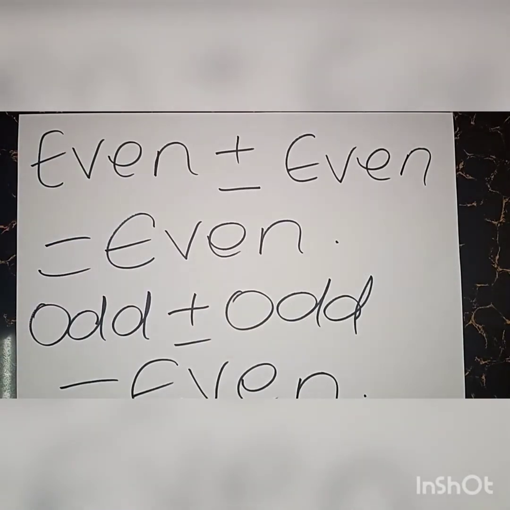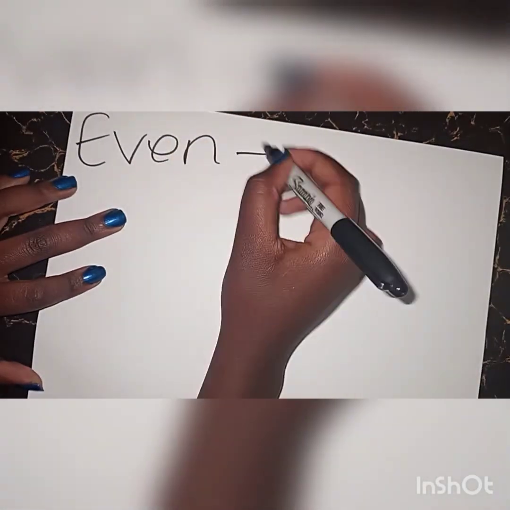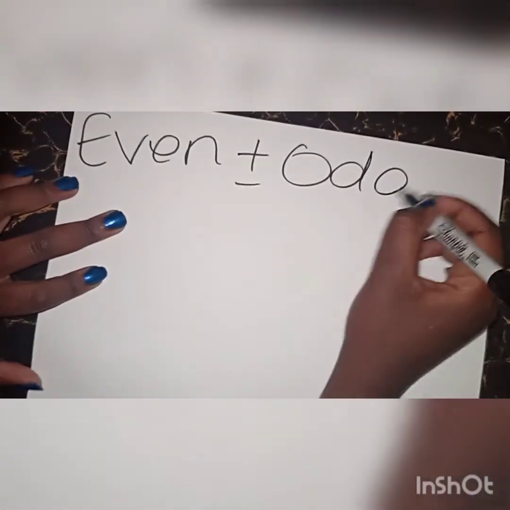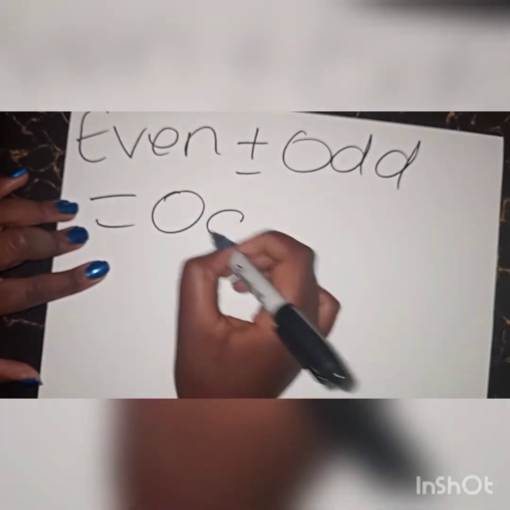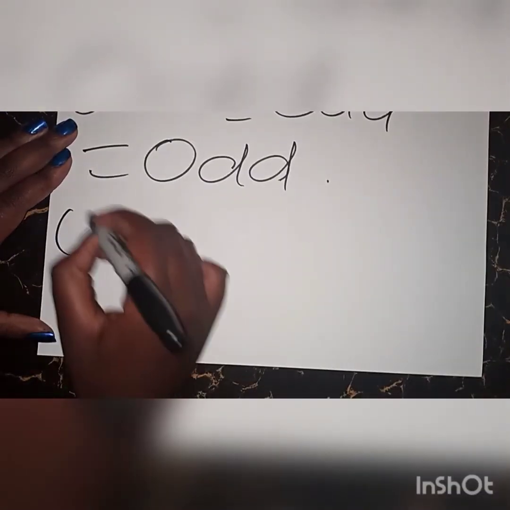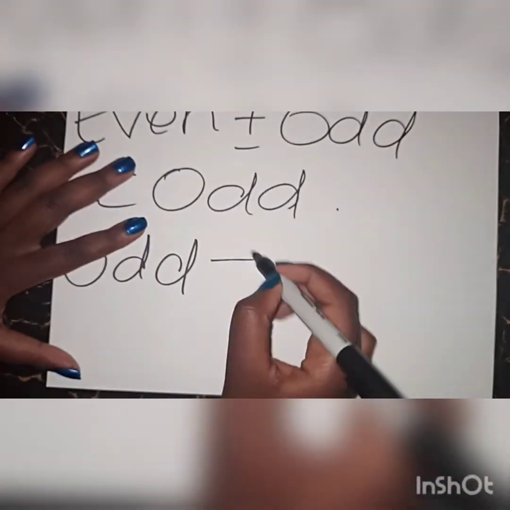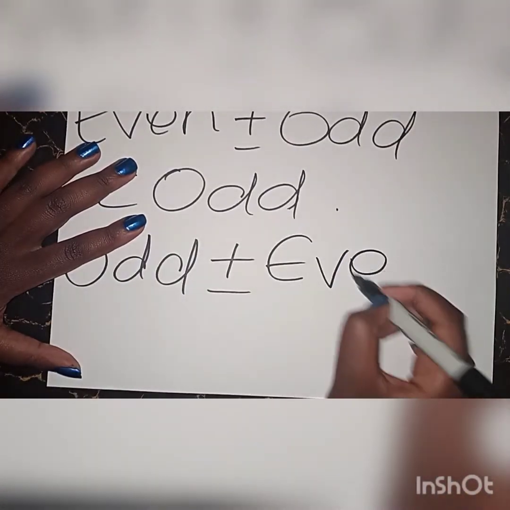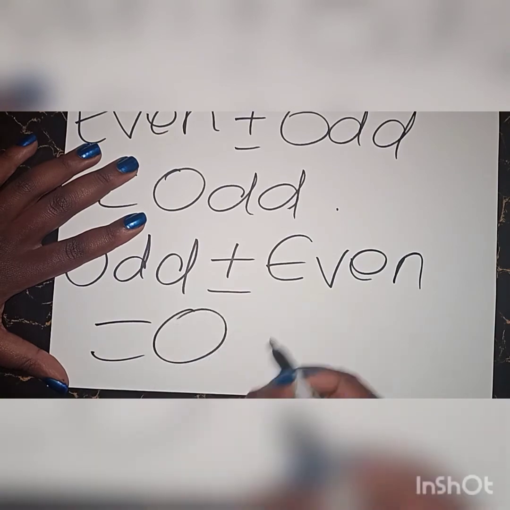Are we together? And when we add or subtract different types of numbers, we get an odd number. What am I saying? I'm saying even plus or minus odd gives us an odd number, okay? And odd plus or minus even gives us an odd number.